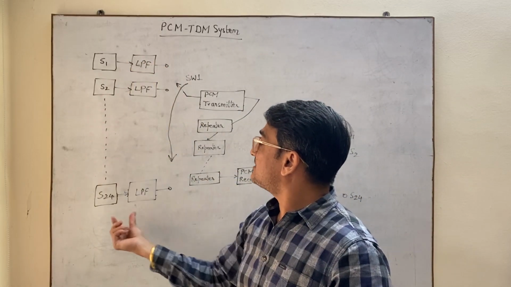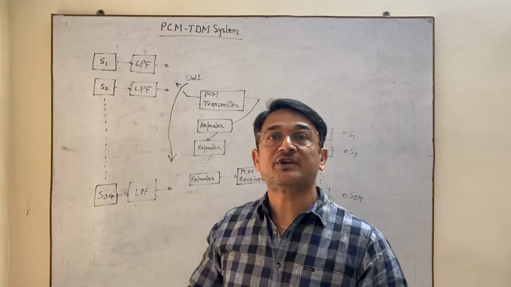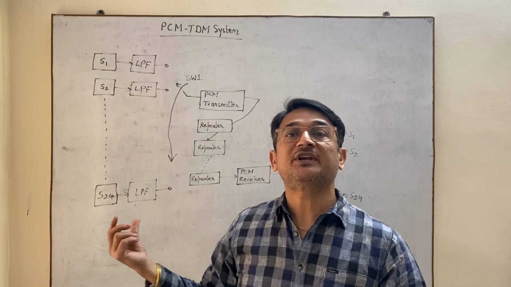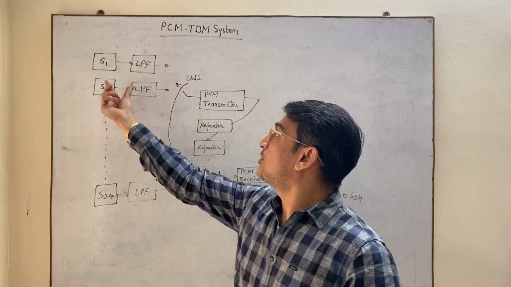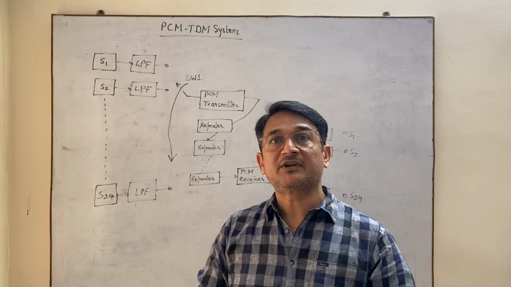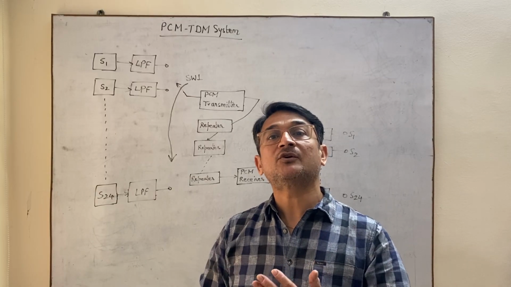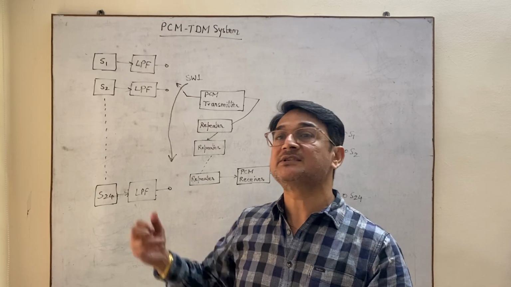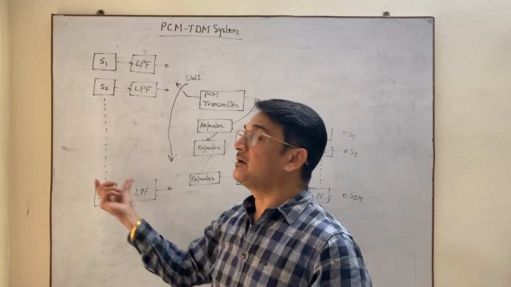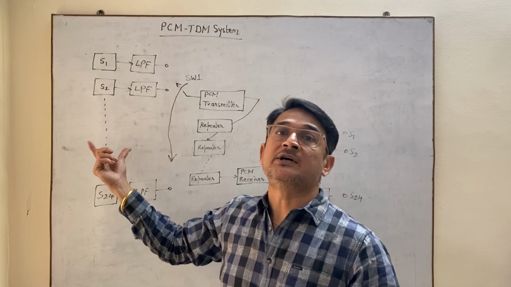In this case, we have used 24 voice channels. Every voice channel is band limited to 3.4 kilohertz. The sampling frequency must be greater than or equal to twice the modulating frequency. So double 3.4 is 6.8, but we keep the sampling rate at 8 kilohertz.